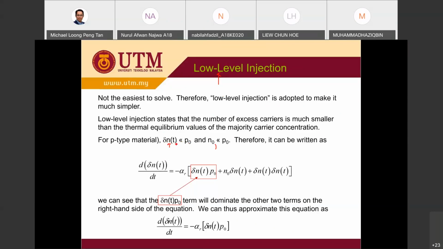For P-type material, you're going to have excess electrons and excess holes, and this one is the excess electron. For P-type material, it is definitely less than the majority, which is PO. And another thing is that NO is also smaller than PO because it's a P-type material. So therefore, you can write this term here, the term here multiplied.